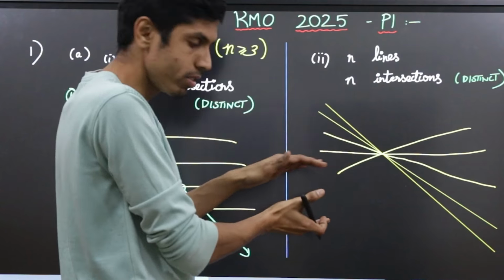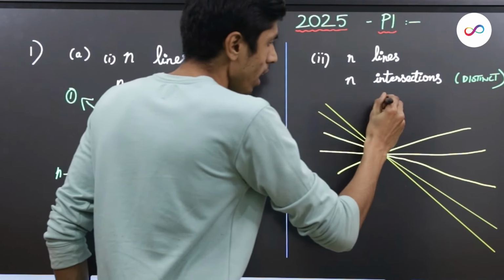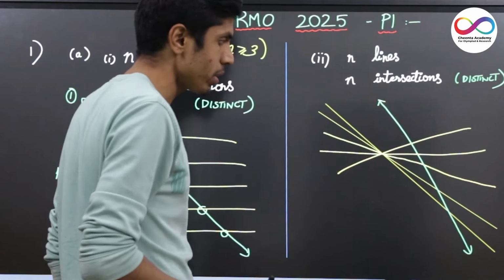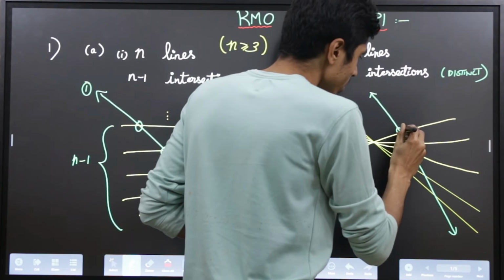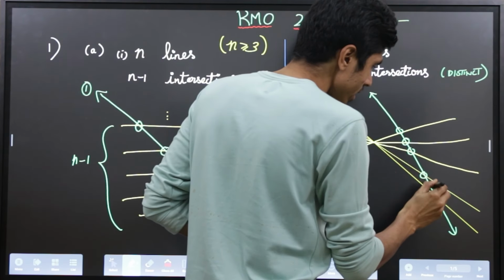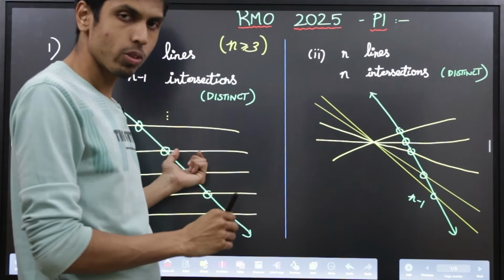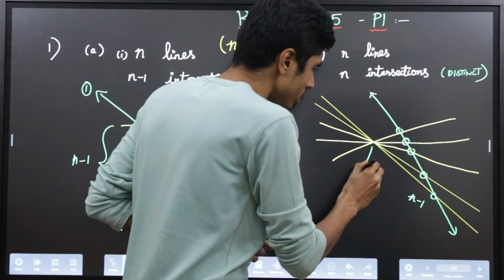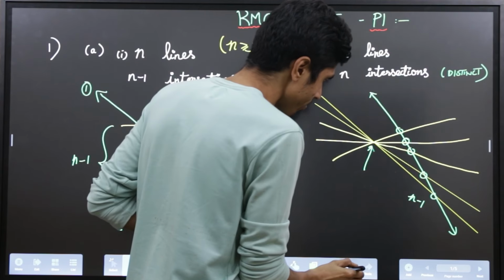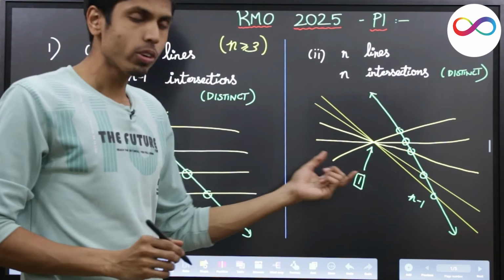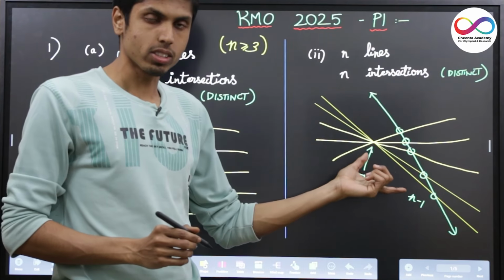So they are all converging to a point, and you have that one extra line intersecting these n minus 1 other lines. Clearly, these n minus 1 intersections will be quite similar to the earlier case, but this concurrency creates one extra point of intersection. Therefore, there are total n intersections.